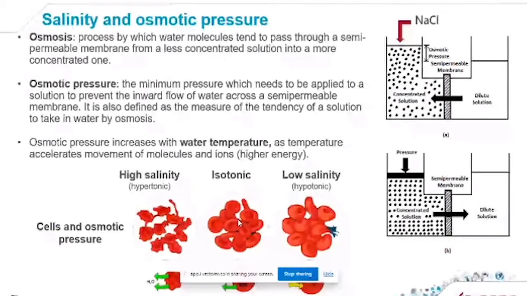So in isotonic, which is a normal environment, you have a balanced equilibrium between the inflow of water molecules and the outflow of water molecules from the cells. In the hypertonic environment on the left-hand side, the water molecules inside the cells are going to be very much attracted by the ions outside in the environment, so they are going to exit the cell.